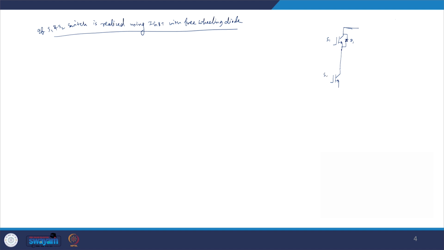Similarly, we also have S2 switch and its freewheeling diode D2. Now this has plus and minus voltage V0, and we can just take the fictitious O point and then connect our grid and inductor in this manner.